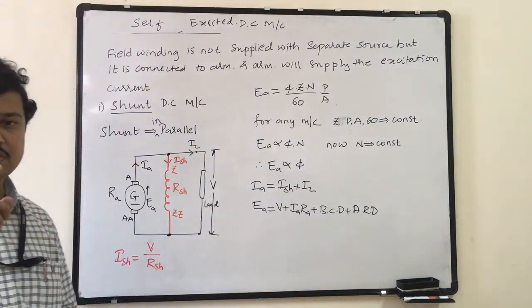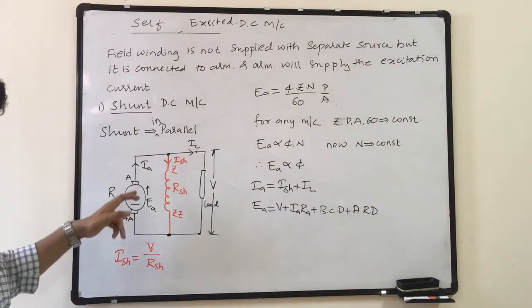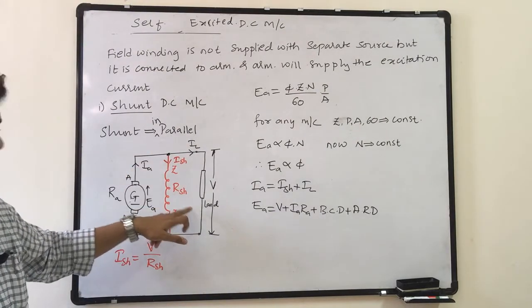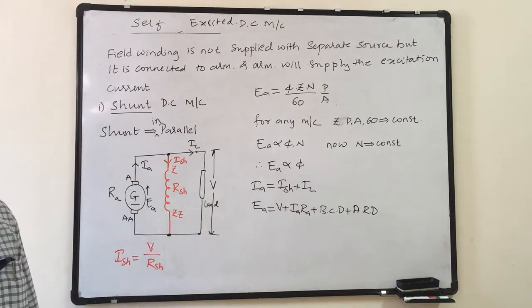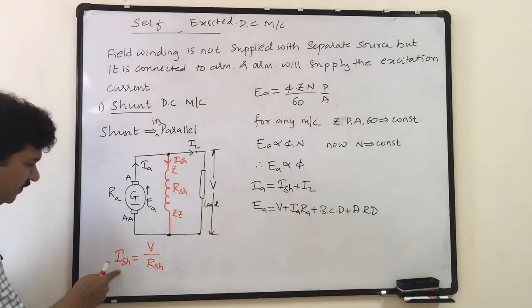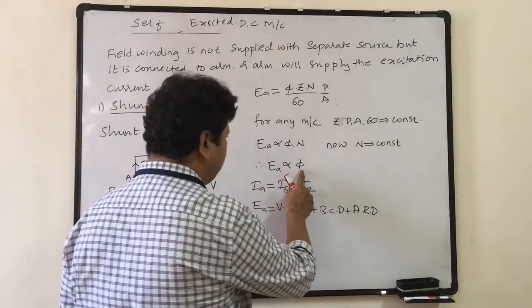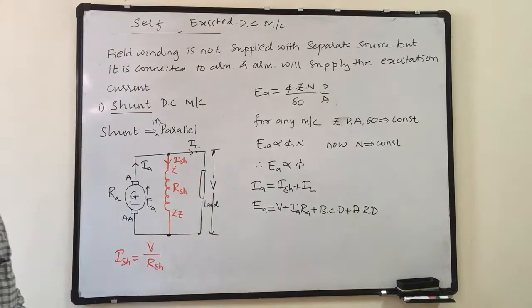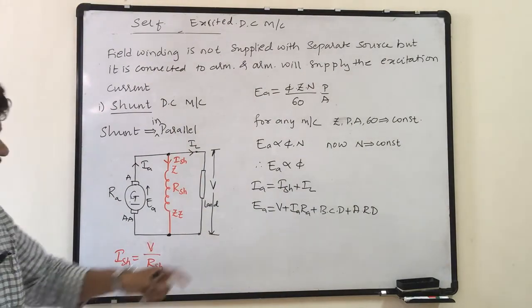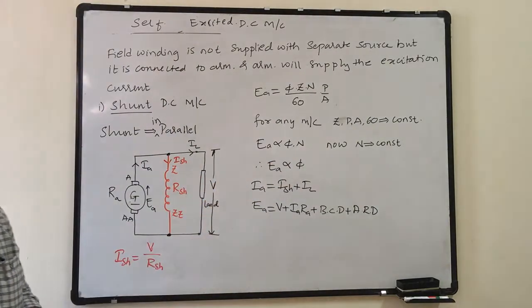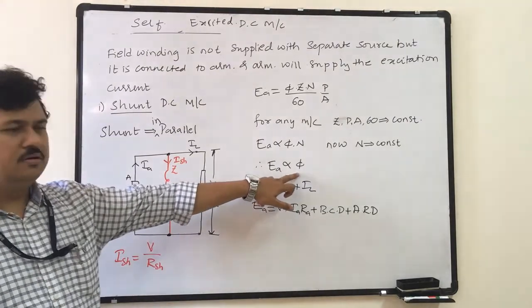Because if the resistance is too small, instead of armature current flowing to the load, it will flow through the shunt field winding itself, which is not required. I need shunt field current only of that value which can create the proportional flux to induce the proportional voltage. That's it. This requirement is very small.